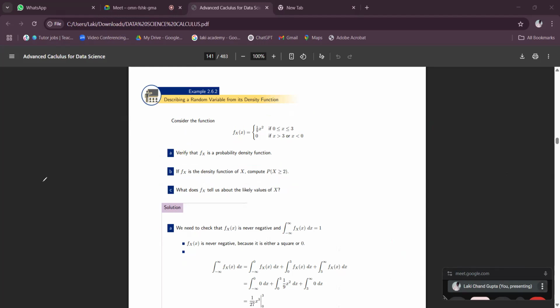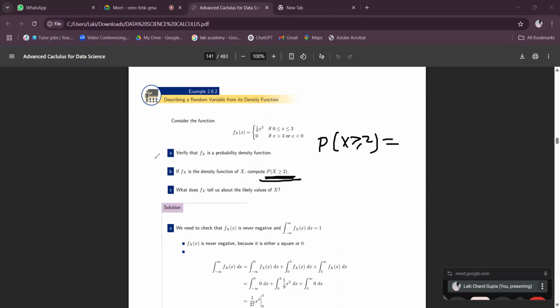First of all, you are always asked to verify that this is a PDF. If it is a PDF, then the next question will be how to find the probability. It asks for the probability of x greater than or equal to 2, right?